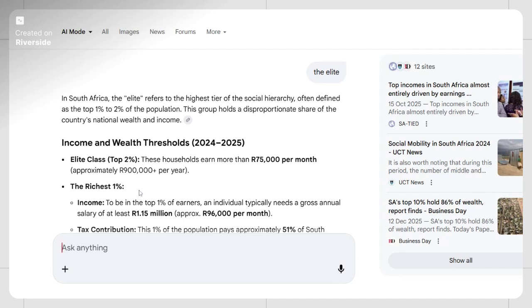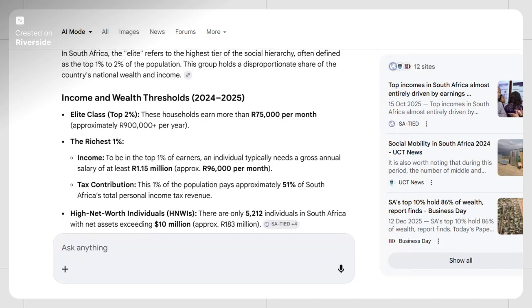To be in the top 1% of earners, an individual typically needs a gross annual salary of at least 1.15 million rand, approximately 96,000 rand per month. As for tax contribution, 1% of the population pays approximately 51% of South Africa's total personal income tax revenue.